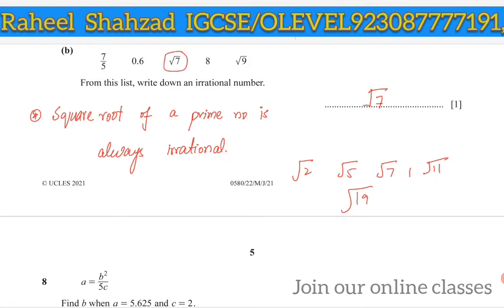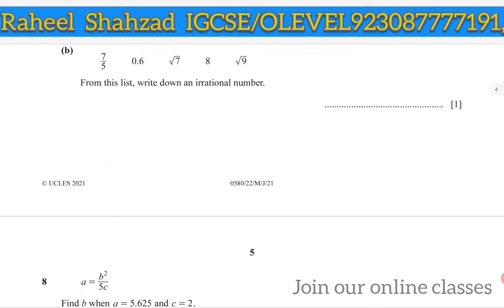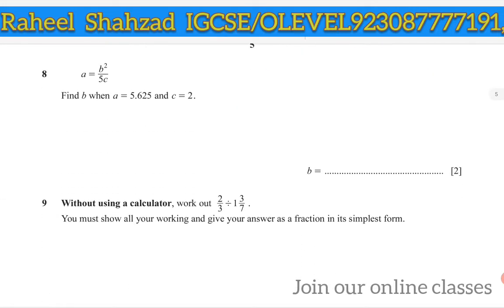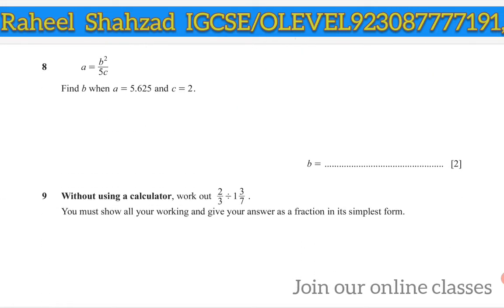Next part is question number 8. It is related to making the subject or evaluating. Find the value of B when we have A and C as given. A is equal to B squared divided by 5C. So we substitute these values: 5.625 is equal to B squared divided by 5C.